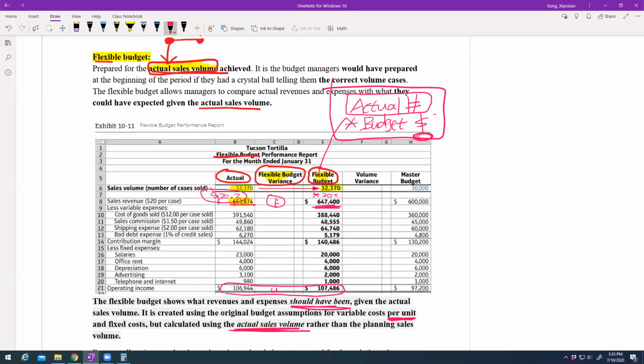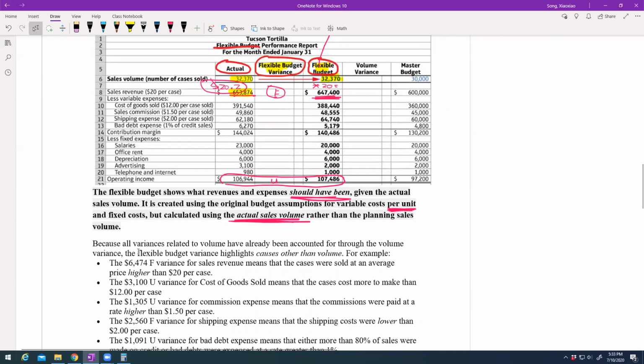So if you have any variance in the flexible budget variance, it's not because of more or fewer units. It's because your dollar amount of your actual is more or less than the budgeted dollar amount. Do you get this? We will practice one. So you hang on there, and then I will tell you more when we have the practice. But your textbook also said all the variance is related with your volume. So it's already given. We talked about this.